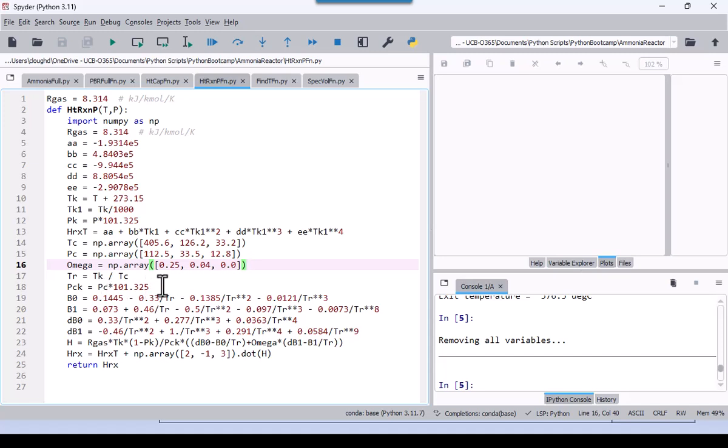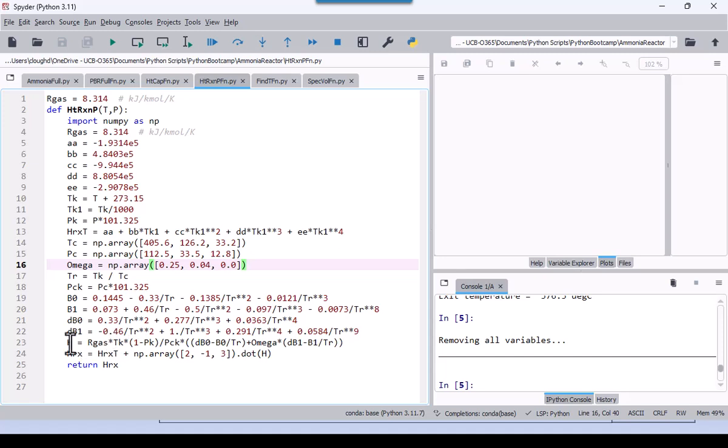Here we convert the pressure to the reduced pressure by multiplying by 101.325 kPa per atmosphere and dividing by the critical pressure. And then these correspond to our B factors, all right, according to the equation.